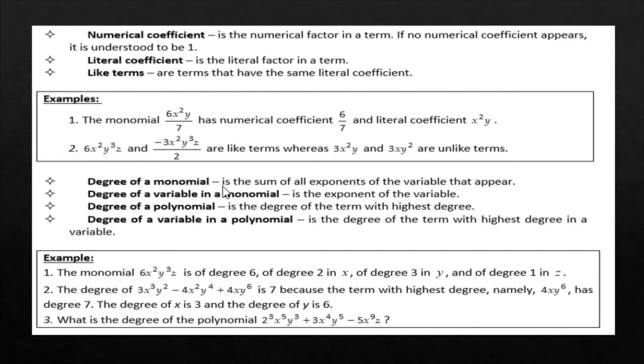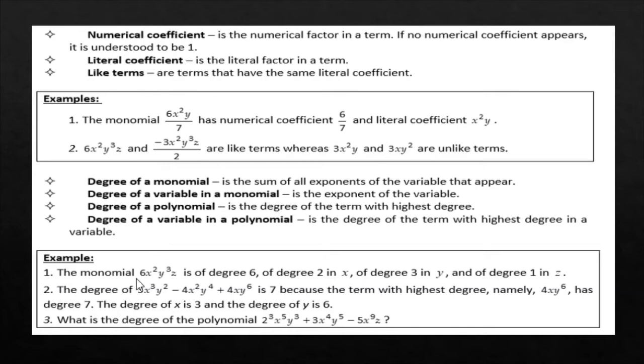Degree of a monomial is the sum of all exponents of the variable that appear. Degree of a variable in a monomial is the exponent of the variable. Degree of a polynomial is the degree of the term with highest degree. Degree of a variable in a polynomial is the degree of the term with highest degree in a variable. So, examples.